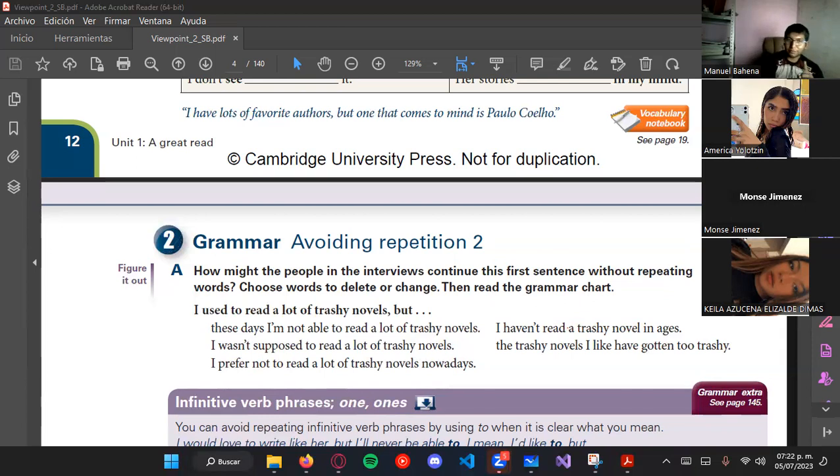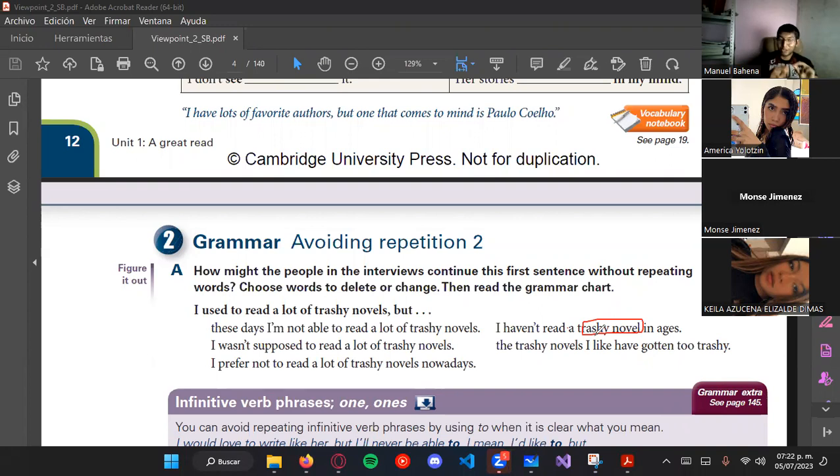That would work. But then again, you're saying the wrong message, because I haven't read means that you haven't read anything in a long time. Not only trashy novels, but in general: not a book, nor a comic, nor a newspaper, nor anything. So be careful with that message.